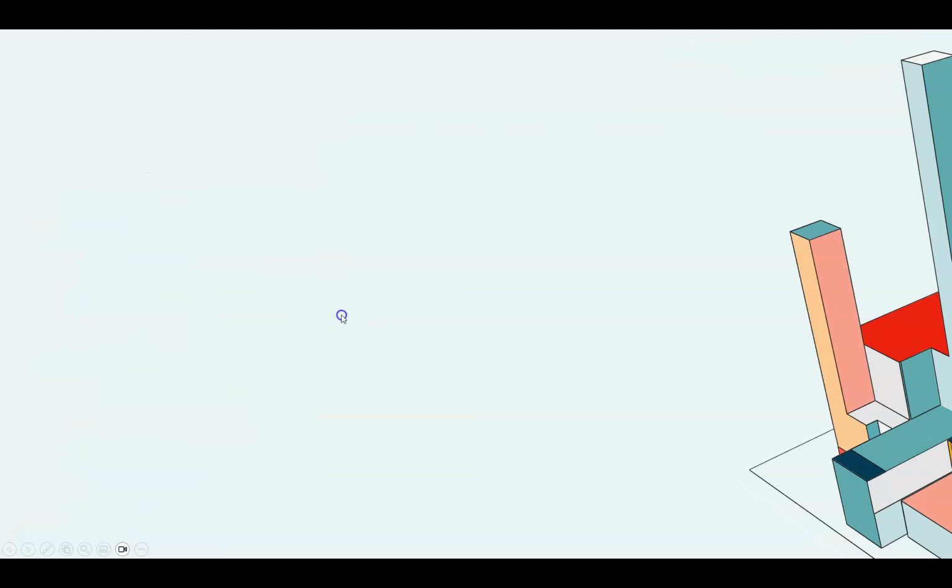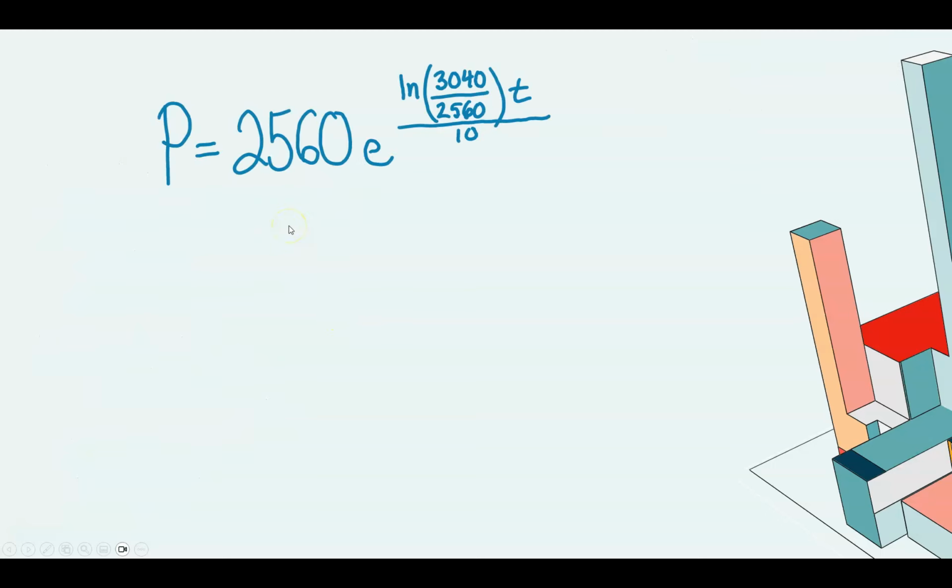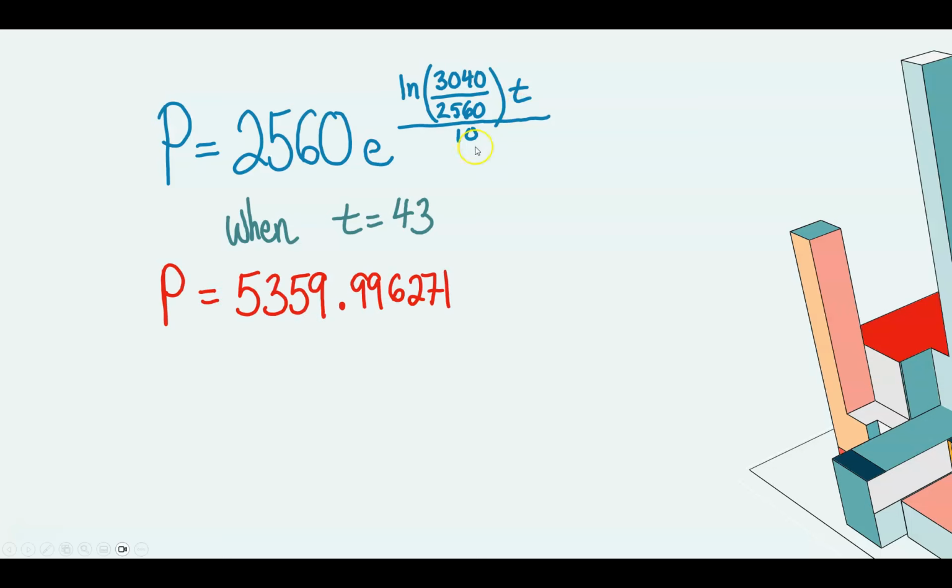And with that, we can write our population equation. 2,560, the initial amount, e to that k we just found, natural log of 3,040 over 2,560, divided by 10, all times t. So when time equals 43, remember that's 1993, we just put the t in, and that's clearly a calculator thing.